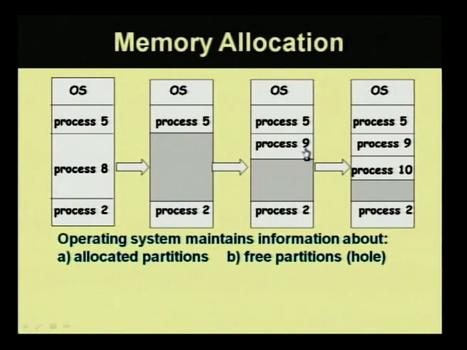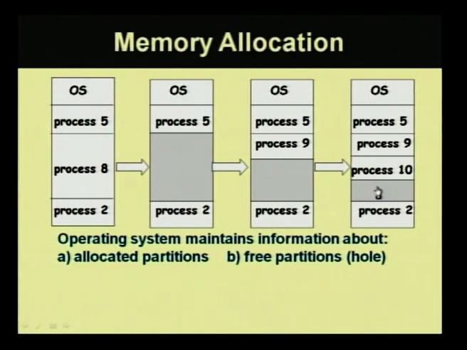Assuming another process 9 comes in wanting a memory area, it is given allocation, and even then there is still another segment of memory left as a hole. If some more processes like process 10 come for execution, they are also given room inside the available memory space.